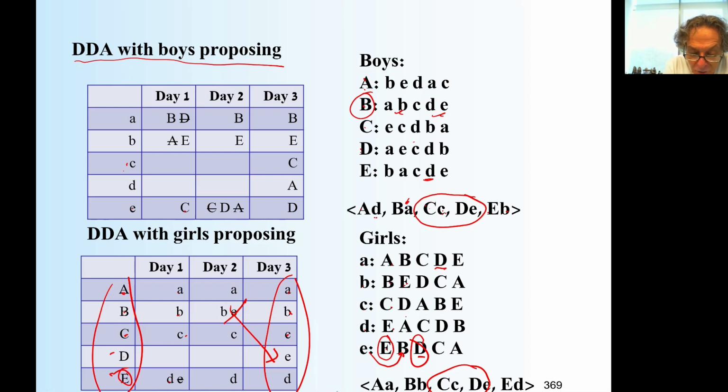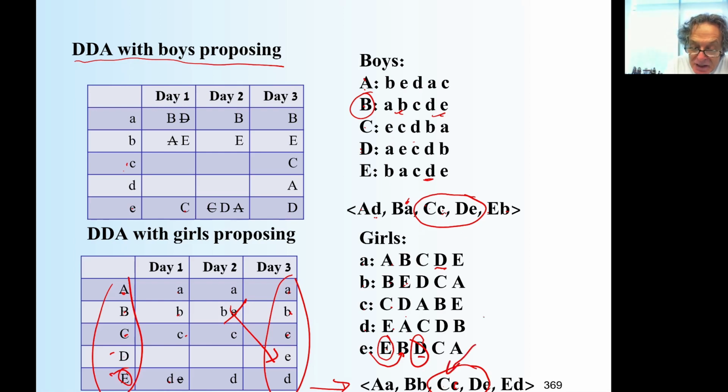When I go down to the girl proposing, I'm also getting C and C, but now the passive ones, the boys, are getting the worst. So girl C is the worst for boy C from here.